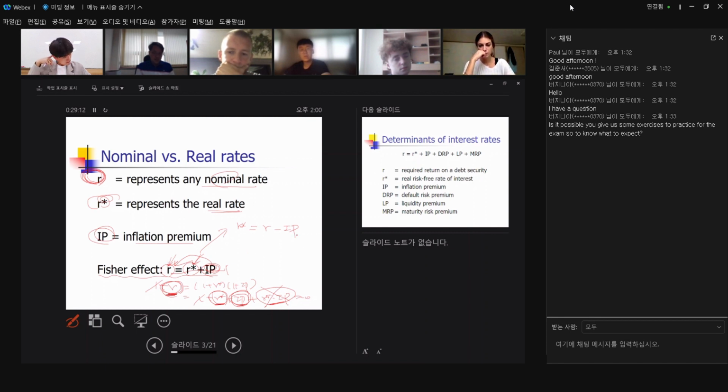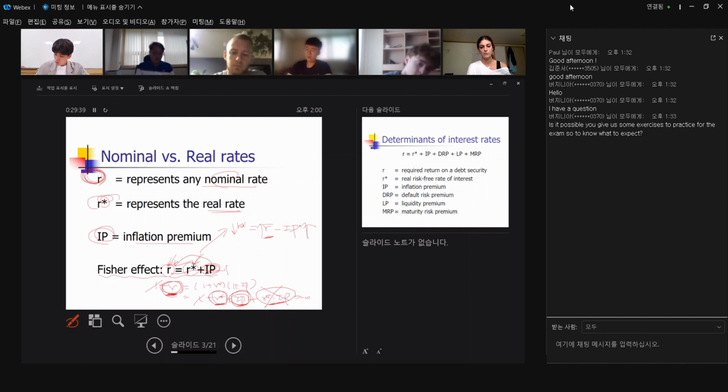As inflation increases, real interest rate falls, unless nominal interest rate increases at the same rate as inflation. That's the more exact definition of the Fisher effect. Let me see again.